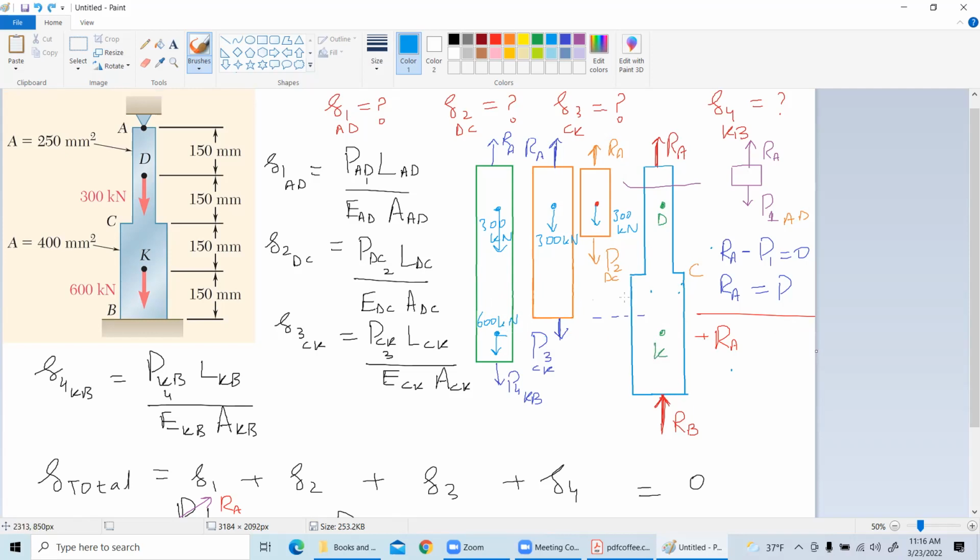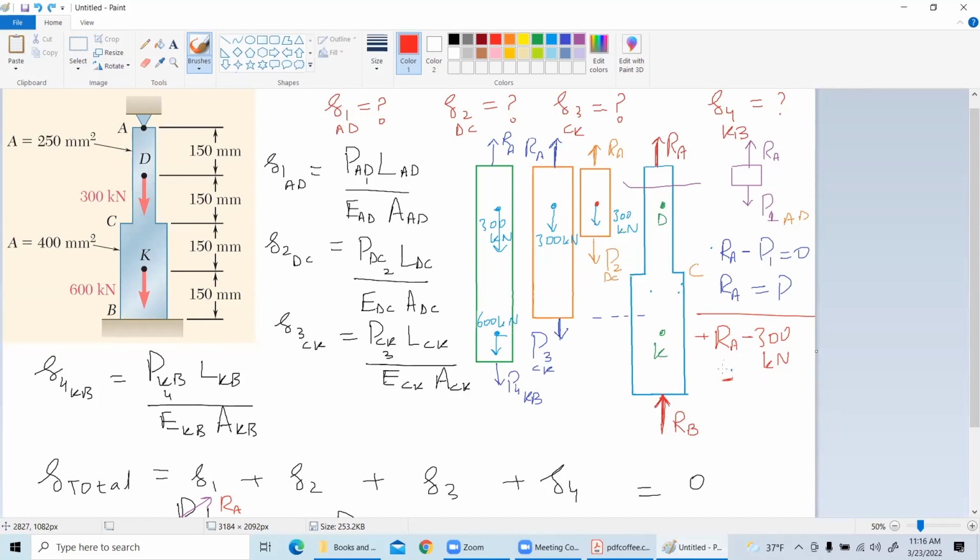Abdullah has joined. Okay. So now that I have corrected my mistake, I will go back here, RA minus 300 kilonewton. Minus, this is minus, right?